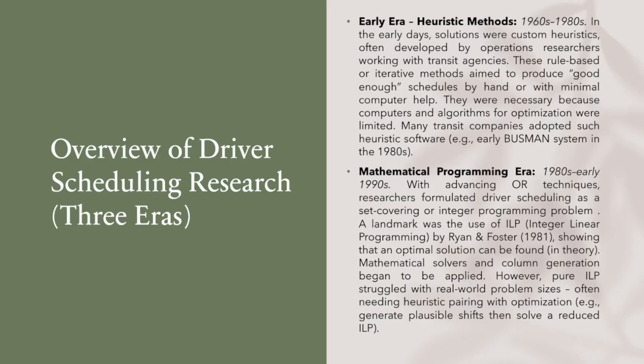And we have an overview of the scheduling research from three eras. The first is the heuristic era, from the 1960s to the 1980s. Solutions were developed with custom heuristics by operations researchers working with transit agencies, and these were done in Fortran, I think, which is a very old language not used much these days.